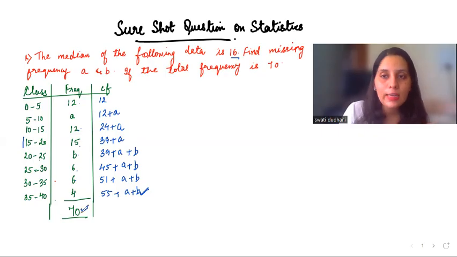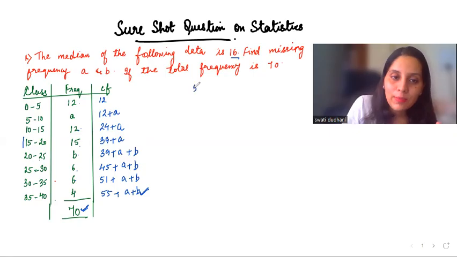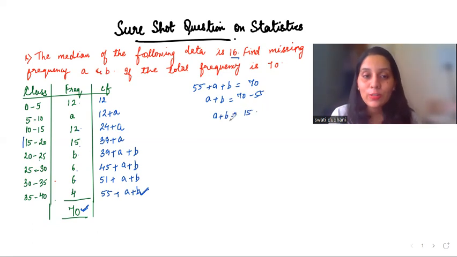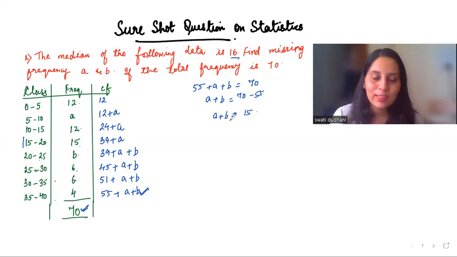They should be equal to each other every time. So here we can equate them. 55 plus A plus B is equal to 70. So A plus B is 70 minus 55, which will give us 15. Okay, so let this be one equation. Since you need two unknowns, you will have two equations automatically.